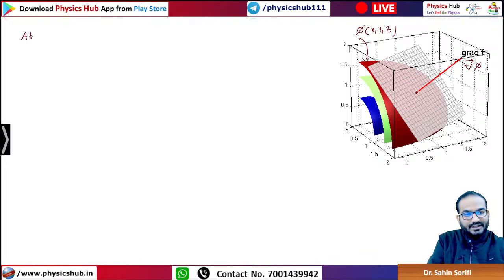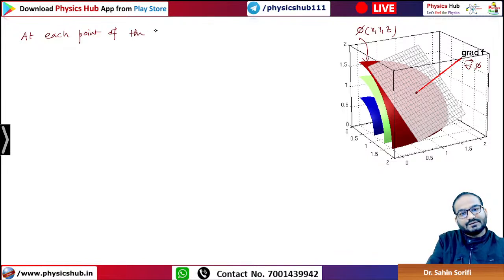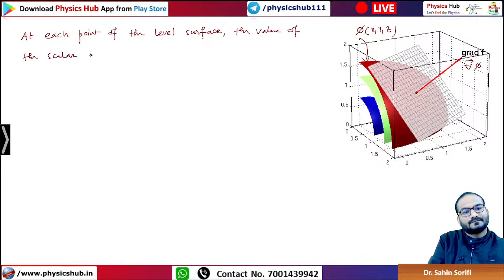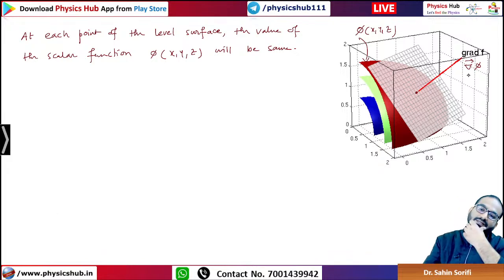So at each point of the level surface, the value of the scalar function phi of xyz will be same. So you get the direction grad phi.